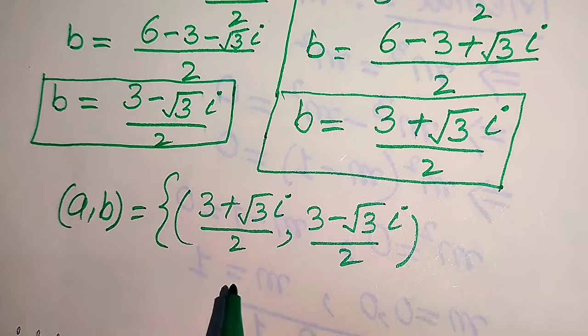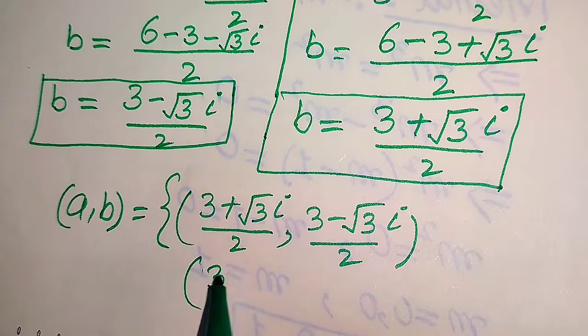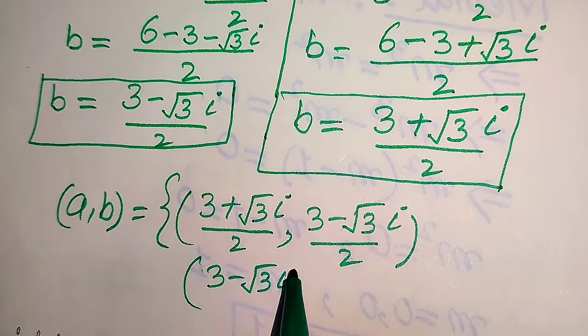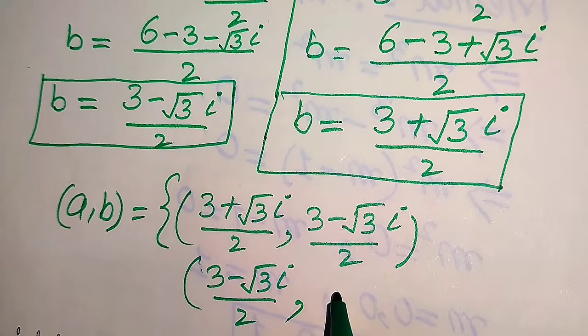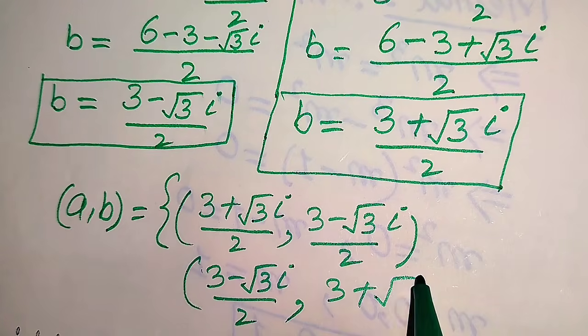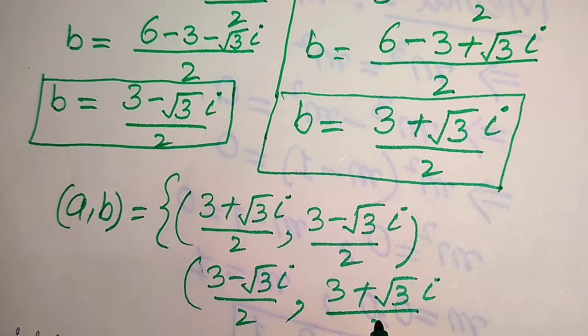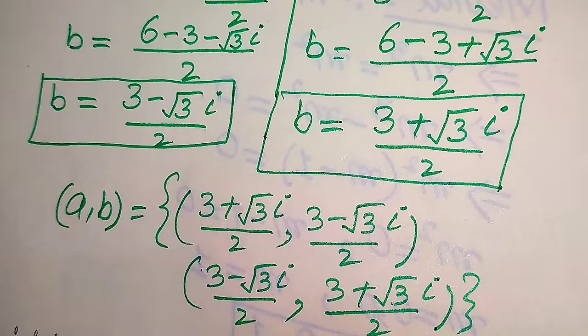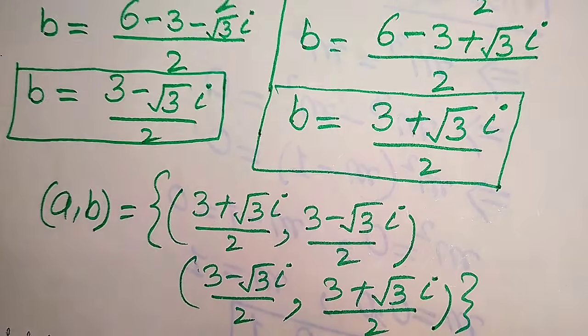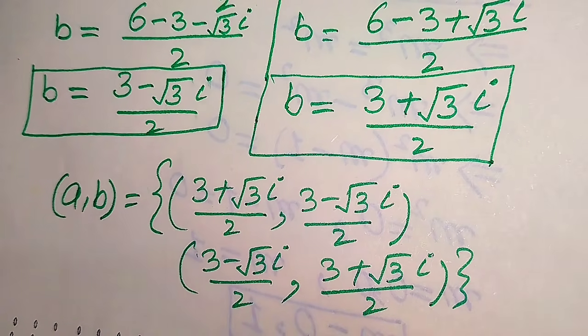The second solution set is 3 minus square root of 3 iota, divided by 2, and 3 plus square root of 3 iota, divided by 2. So this is our final answer to this question.